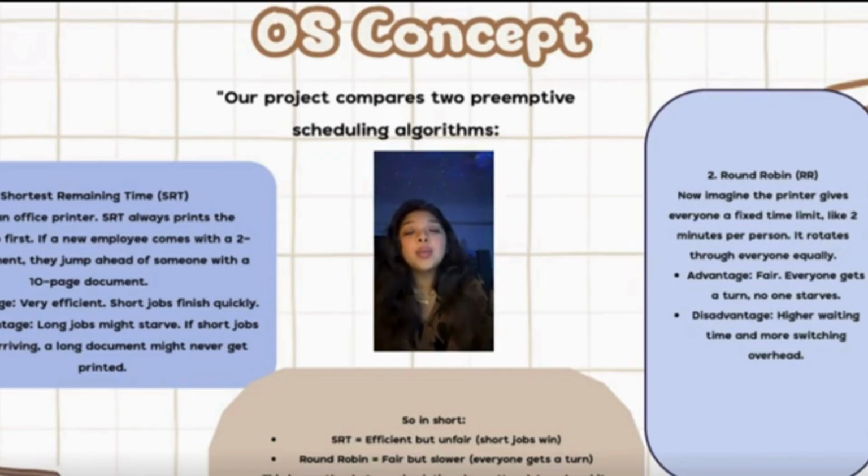It's fair and no one starves, but has higher waiting time and overhead. In short, SRT is efficient but unfair, and RR is fair but slower.